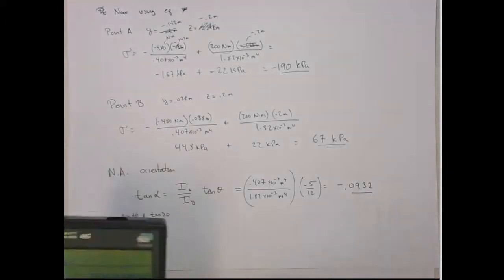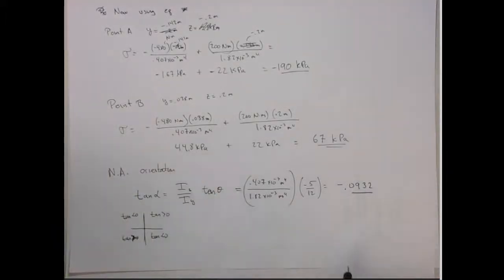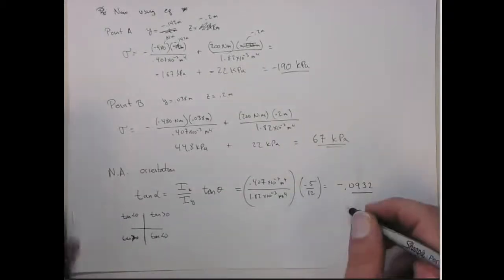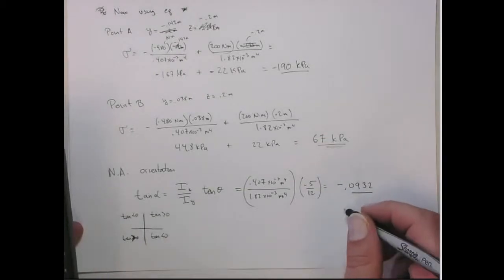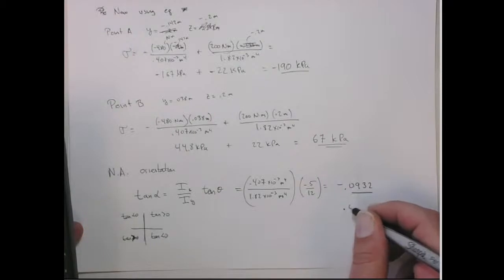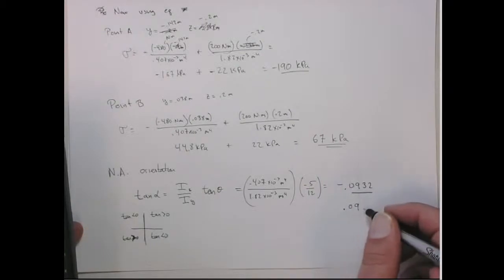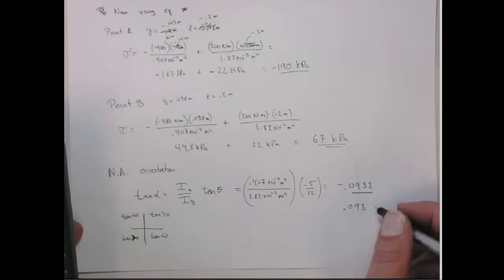All right, so now when I take the arctan of that, you want to be careful. That gives me 0.093 radians.